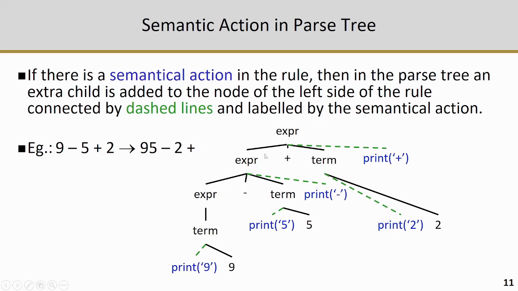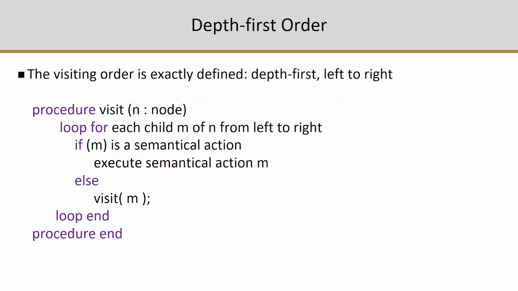And finally, we always get a parse tree where the leaves of the tree represent the tokens, read from left to right, and the semantic actions executed from left to right give the output. In this case, it is considered to be the intermediate code.